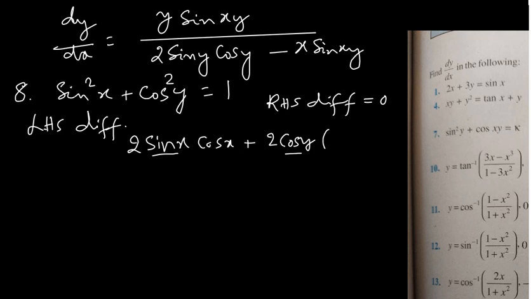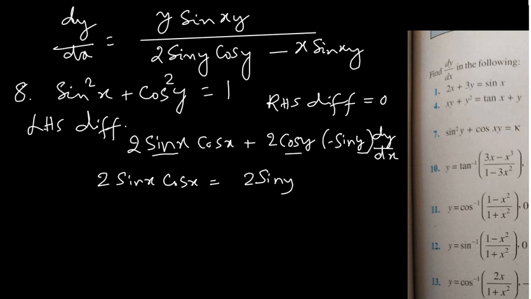Differentiation of cos is minus sine y, and differentiation of y is dy by dx. So this entire thing equal to 0. So which means I can take this to the right side. So 2 sin x cos x equal to, this is minus, once it goes to the other side, you will have 2 sin y cos y dy by dx. So you can leave this 2 like that, we don't need to cancel it.